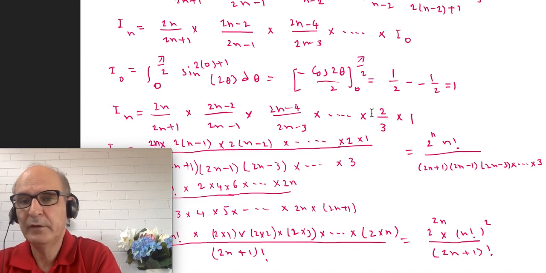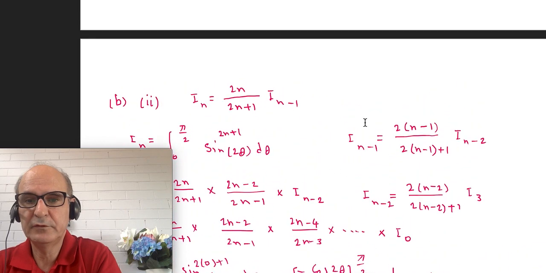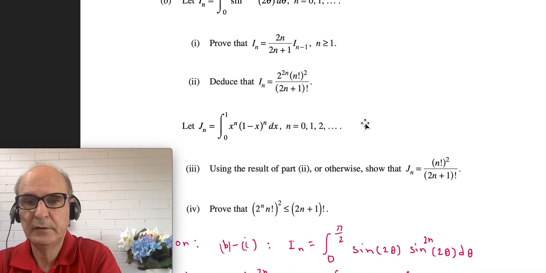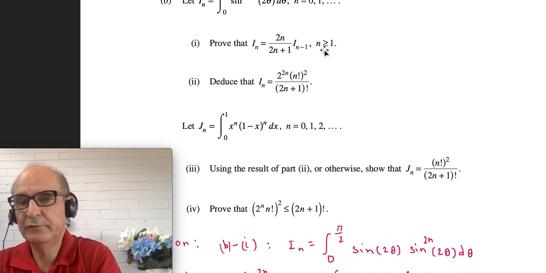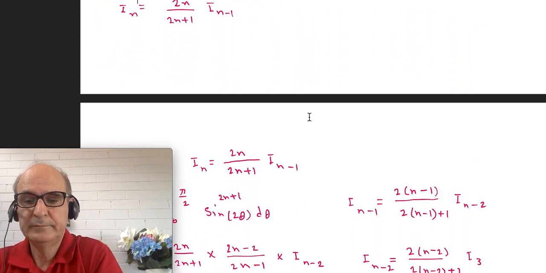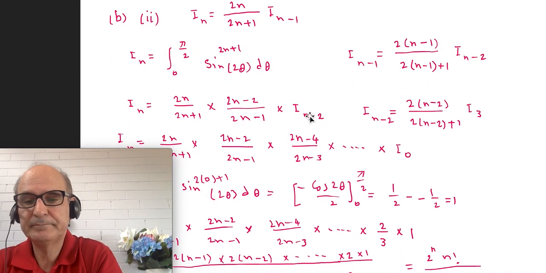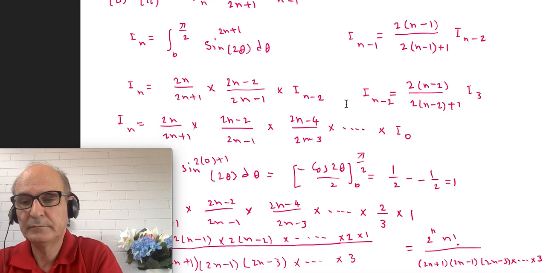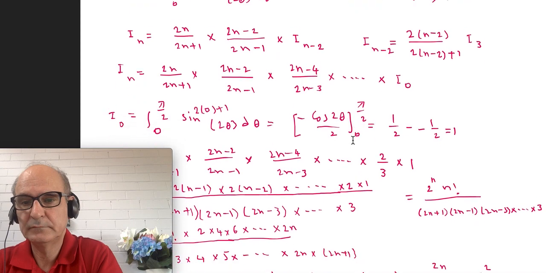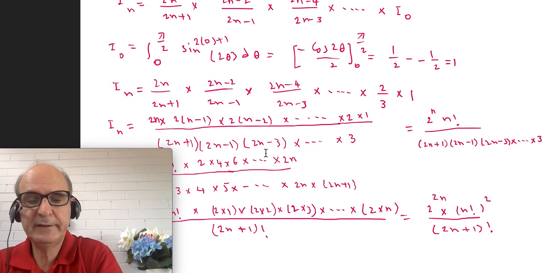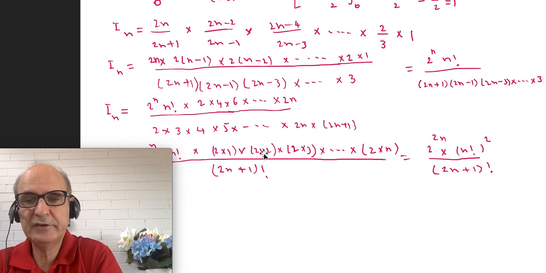But if you remember from the original value, that was only for n greater than or equal to 1.